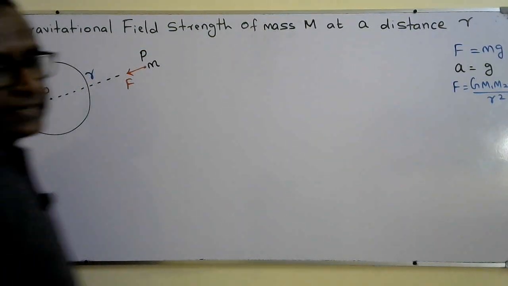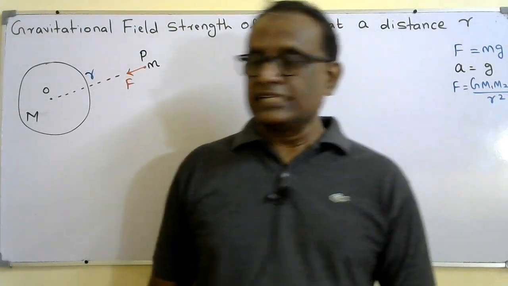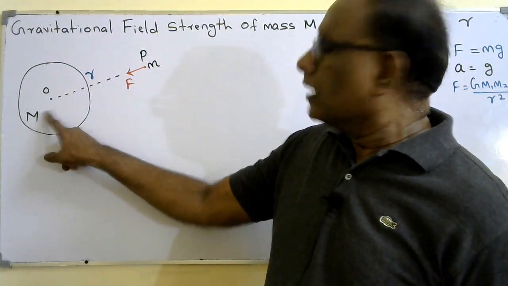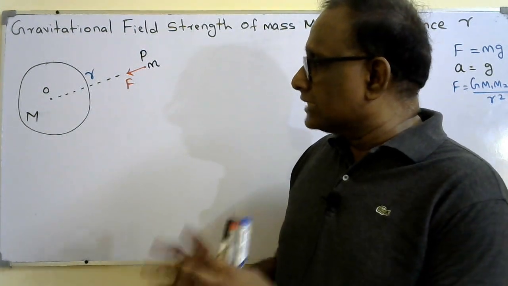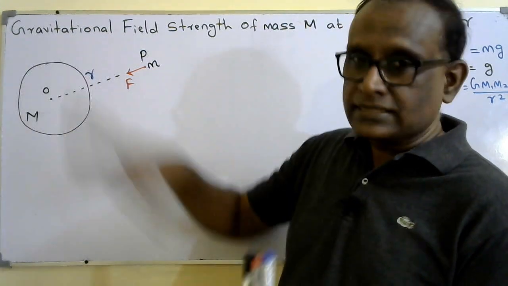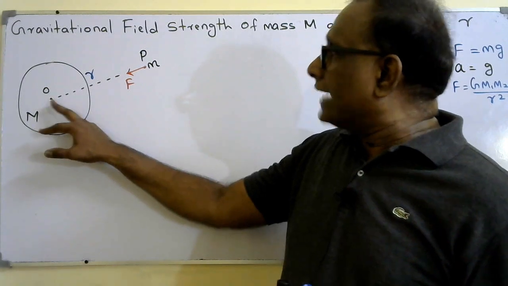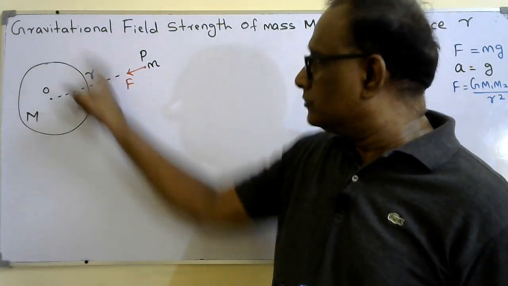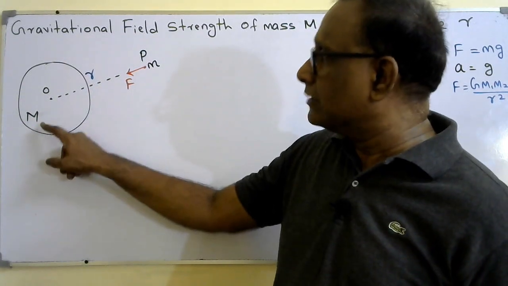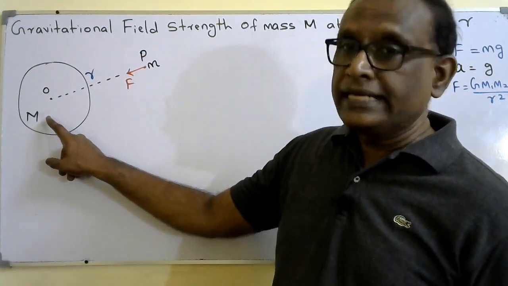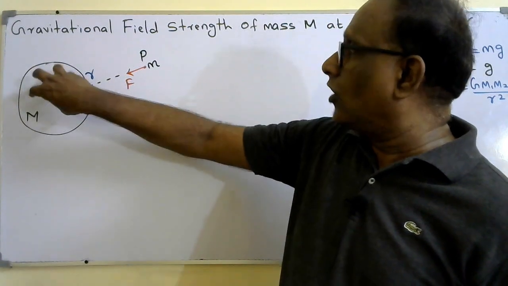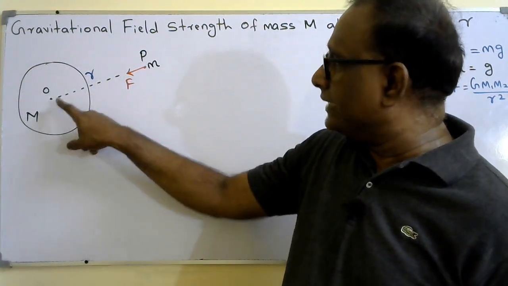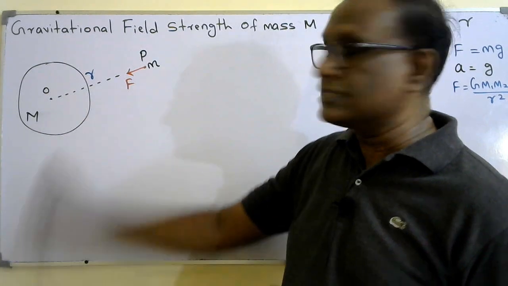Okay, so we are going to get an equation for the gravitational field strength created by a mass. The mass M is a massive object, a planet or whatever it is, with mass capital M. What will be the gravitational field strength of this mass M at a distance r from its center of mass?